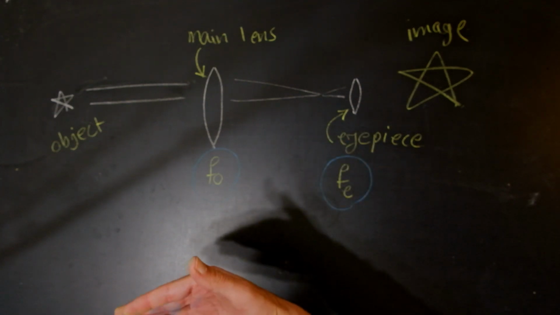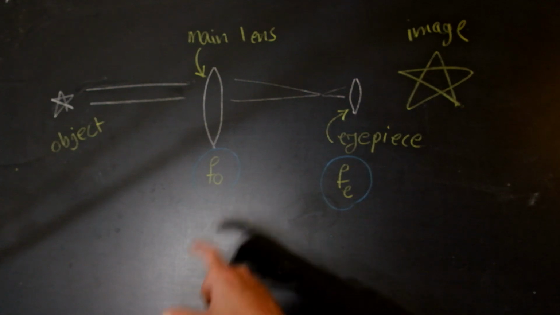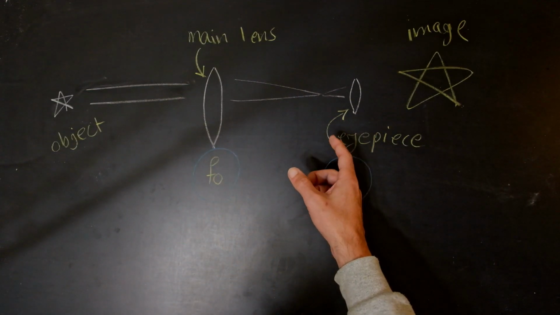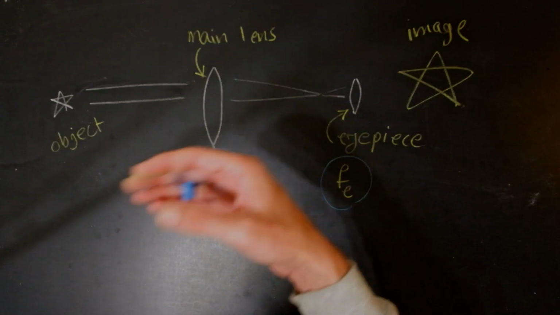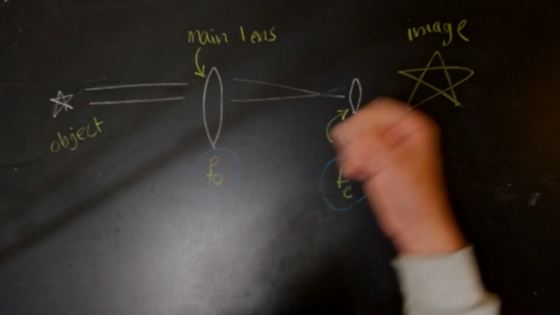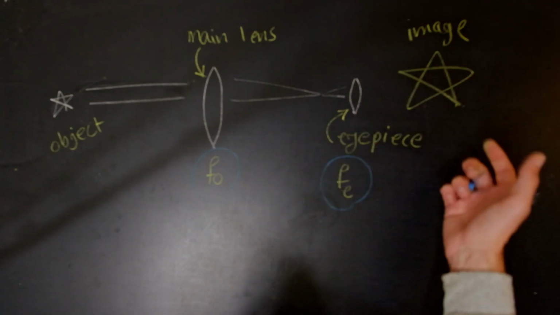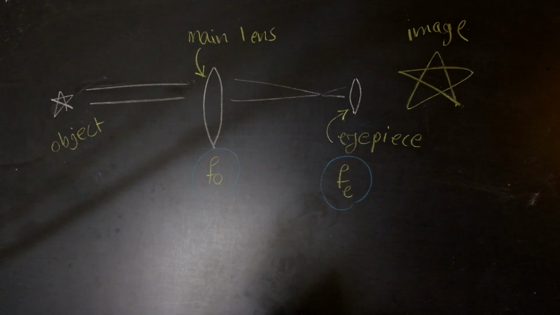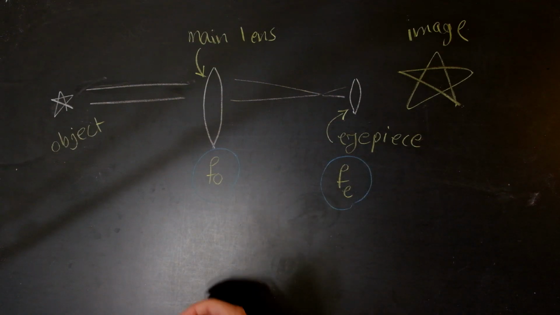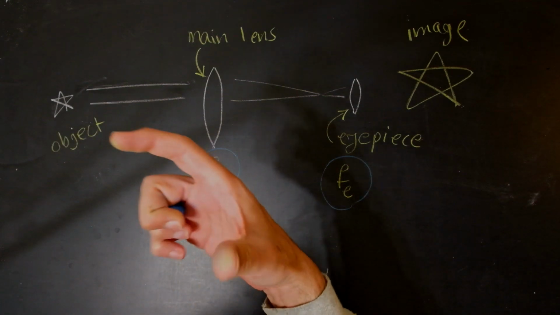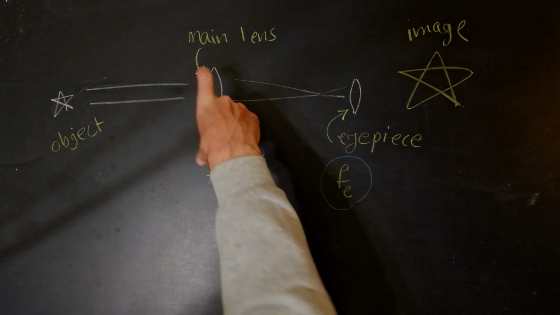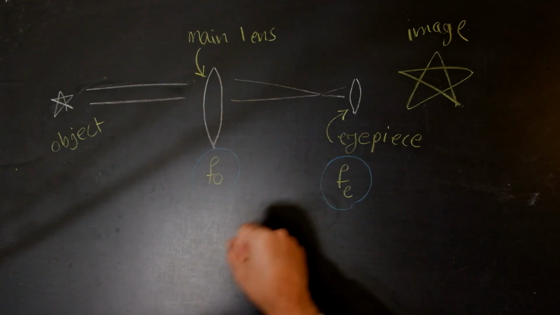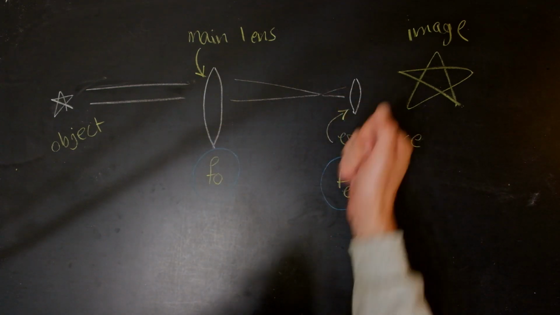And basically what we do in telescope, using this combination, we magnify object in the sky. So final image is much larger than the main object. So what we need to know is what is the magnification. And magnification is basically focal length of the main lens divided by focal length of eyepiece.